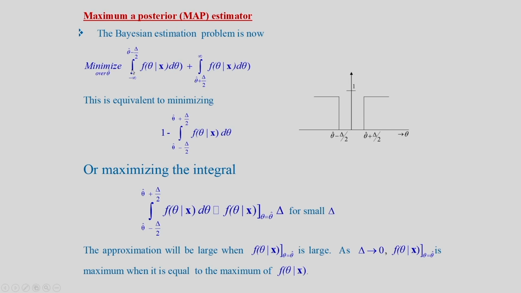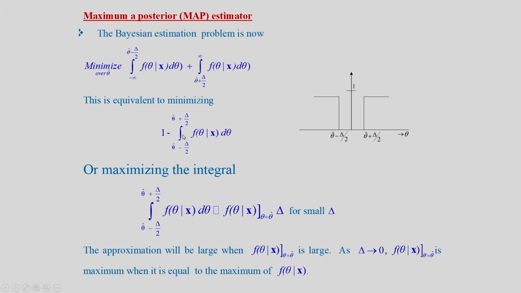Now, this expression is equivalent to the following, because if we integrate f of theta given x from minus infinity to infinity, we will get 1, because this is a density function. Therefore, this minimization problem can be expressed as the equivalent minimization problem of 1 minus the integral from theta hat minus delta by 2 to theta hat plus delta by 2 of f of theta given x d theta.